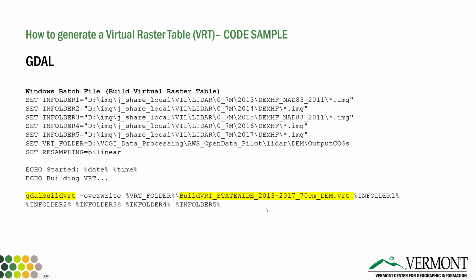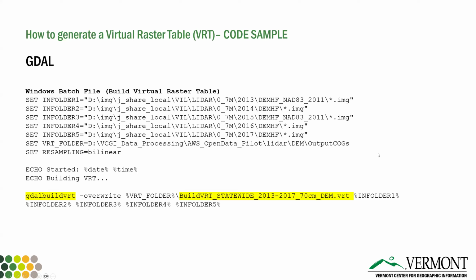If you wanted to do a mosaic COG, there is an initial step you need to take where you have to create a virtual raster table, which is very similar to a mosaic dataset. Here you can see I've got input folders that correspond to the different acquisitions that we've had over time, 2013 through 2017. This will loop through every single one of those files in those folders, and it puts them into that virtual raster table.